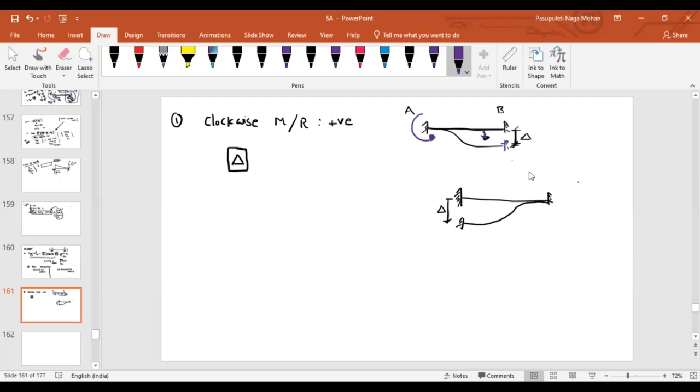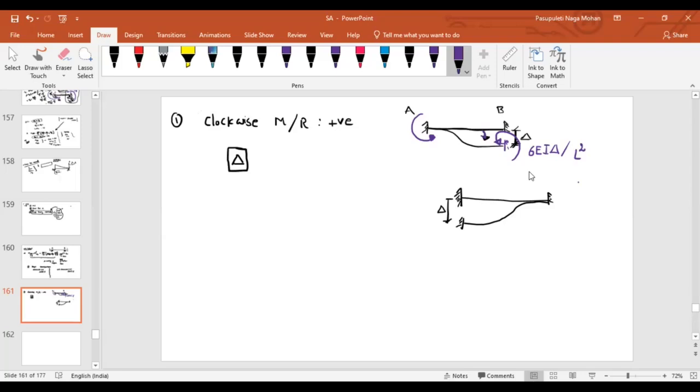One more important point you have to note down is that at both ends the resisting moment will be in the same direction, either at A or at B. The resisting moment will be in the anti-clockwise direction and the magnitude will be 6EI delta by L square. So these are the fixed end moments that will develop in the beam if any one of the supports has sunk by an amount delta.